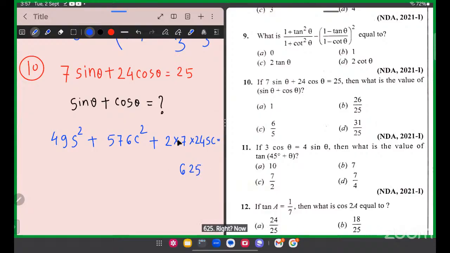Now you just divide the whole equation by cos square.